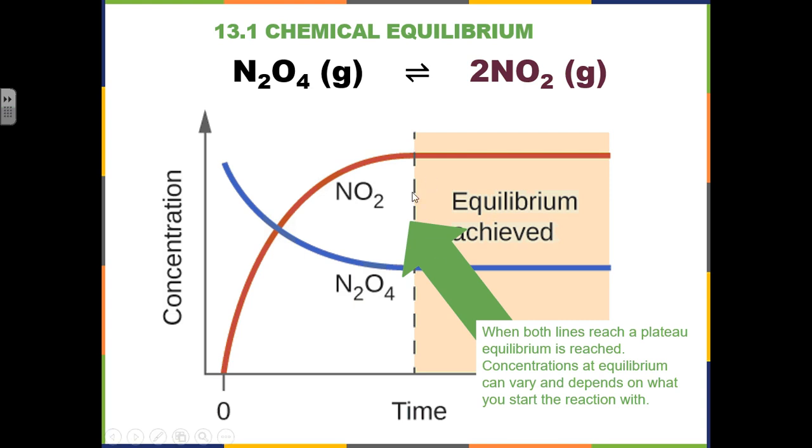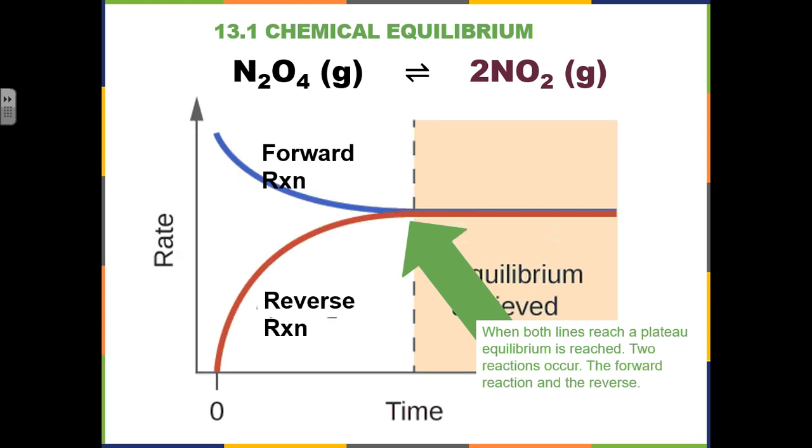Now, this dotted line represents the time at which equilibrium is reached. And notice, the same thing, this one has the time where equilibrium is reached, and it's basically where the line starts to plateau out. And it constitutes both the forward and reverse direction of a reaction.